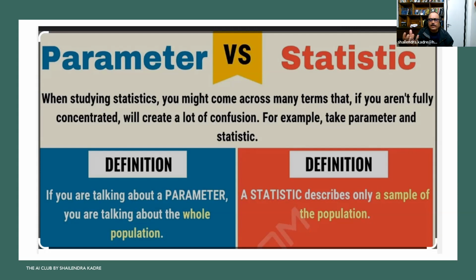Compared to Sikkim, this is called a statistic. So when we talk about any measure of a sample, it is called a statistic. And when we talk about any measure of the population, it is called a parameter. Got it, guys?